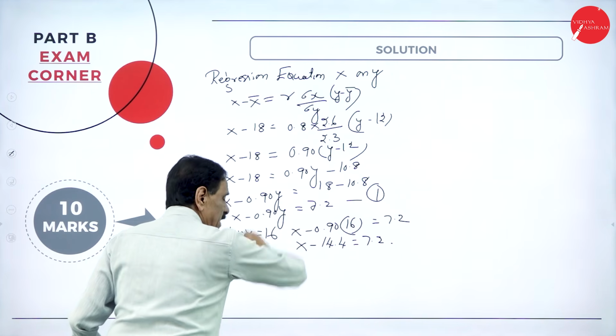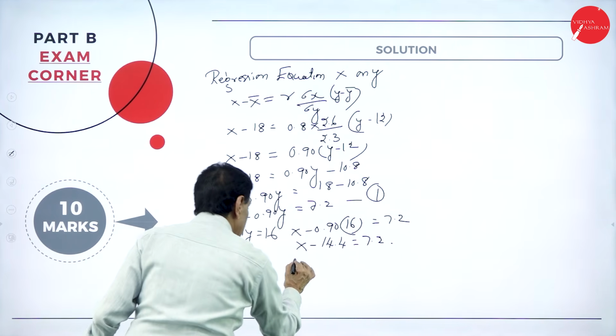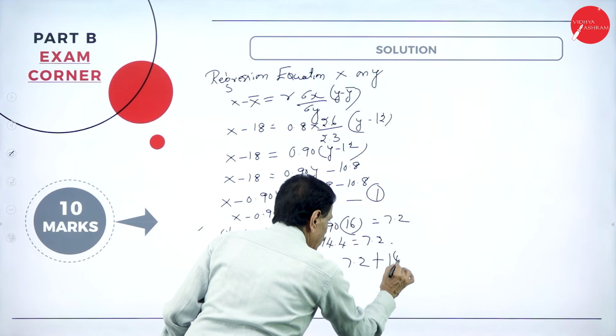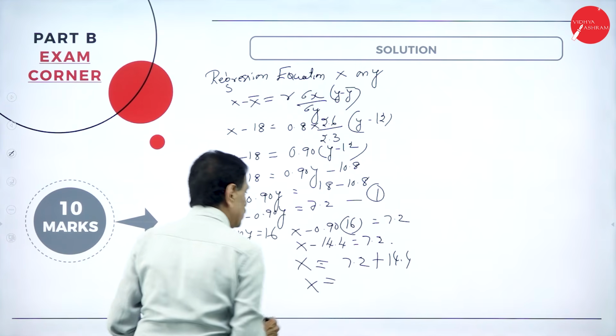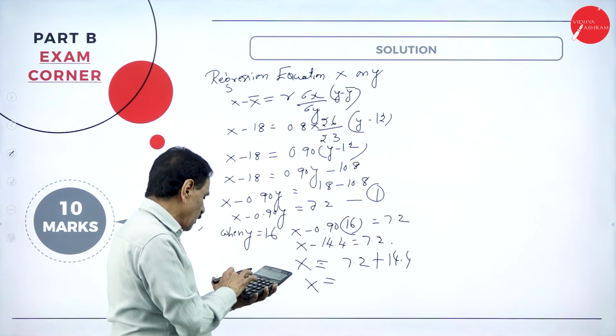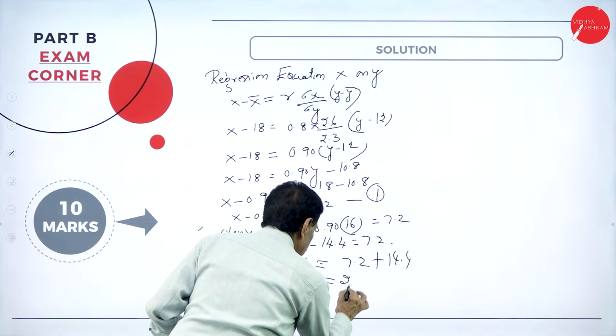You take this figure to that side, minus becomes plus. X is equal to 7.2 plus 14.4, 21.6.